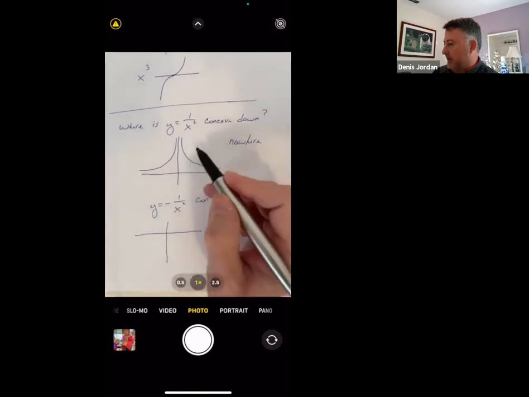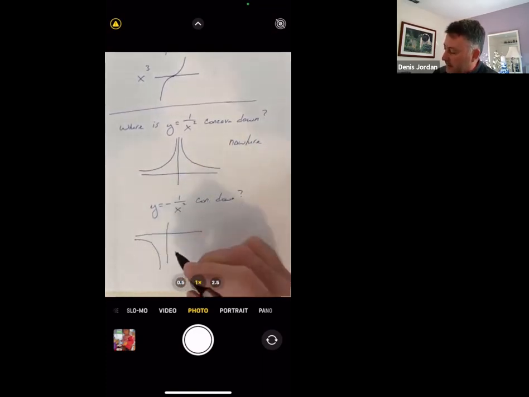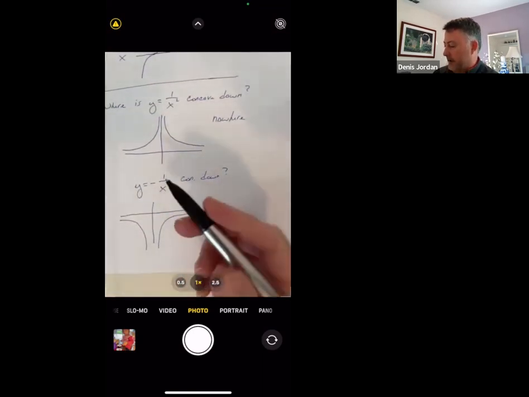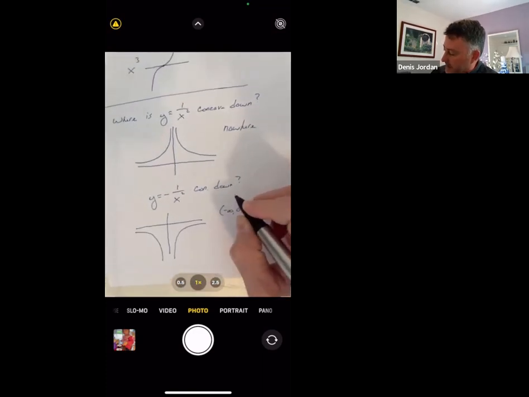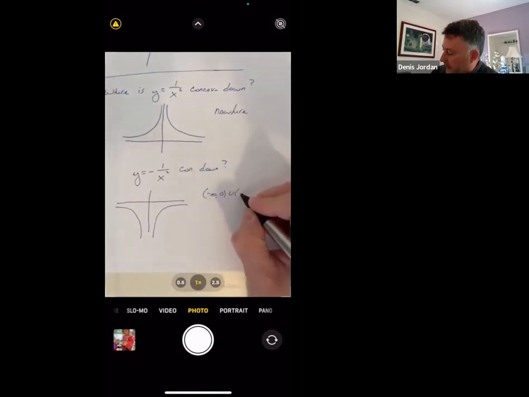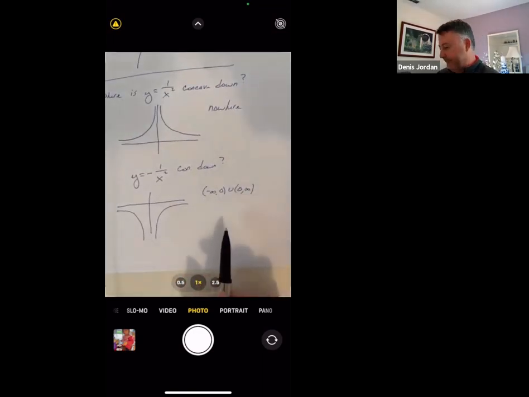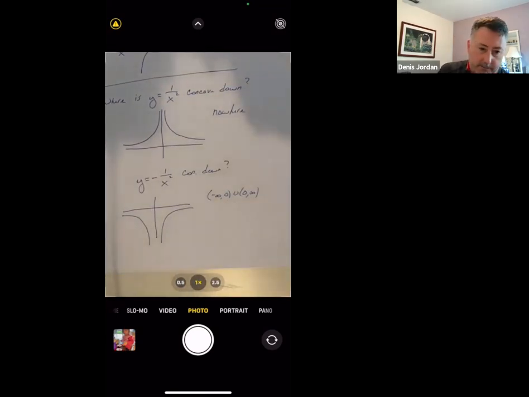So it's basically this graph just upside down. So where is this thing concave down? Negative infinity to 0. And then 0 to infinity. So sometimes you can get away with just graphing the function, and then it'll tell you.